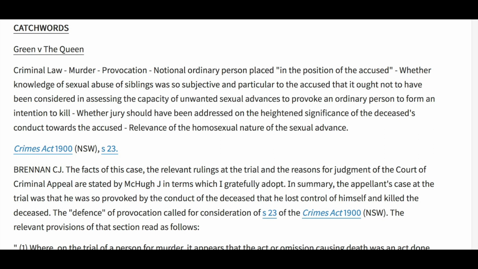It says here, in this case, should an ordinary person be assumed to be someone with a family history of sexual abuse? Should the jury be told that this family history might affect the way the defendant reacted when the victim propositioned him? Does it matter that the victim was gay?